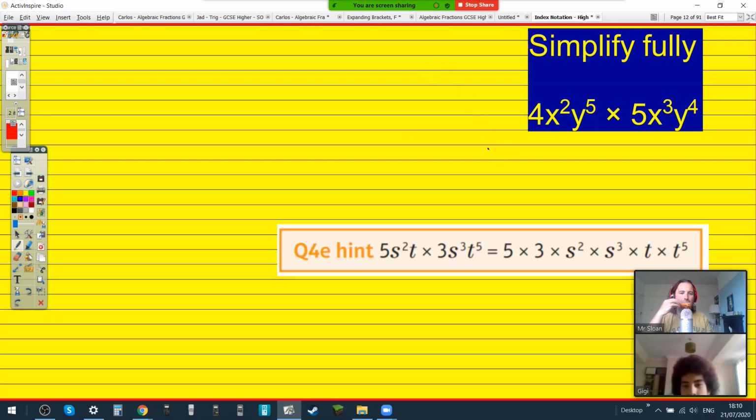20x squared. 20x to the power of 5, y to the power of 9. Very good.